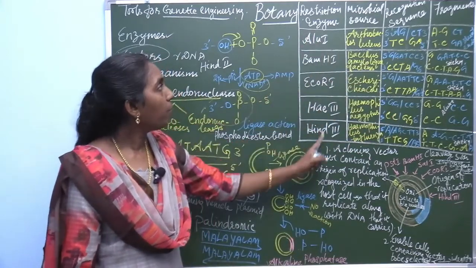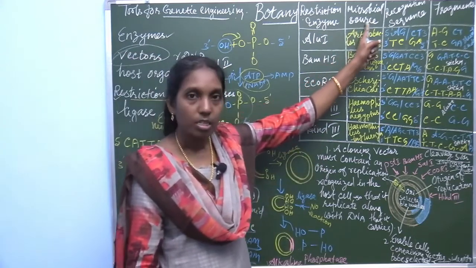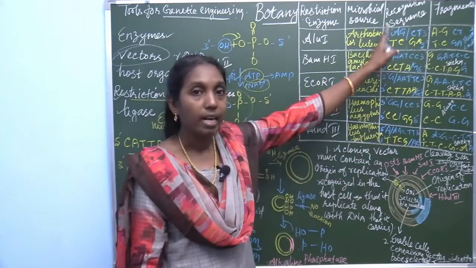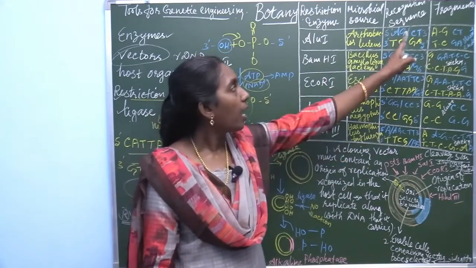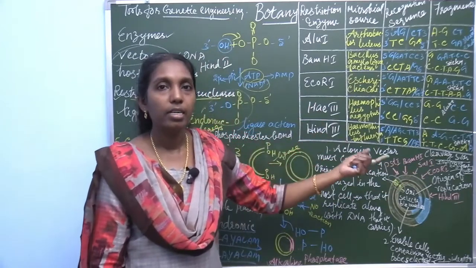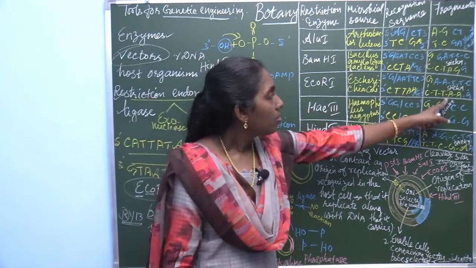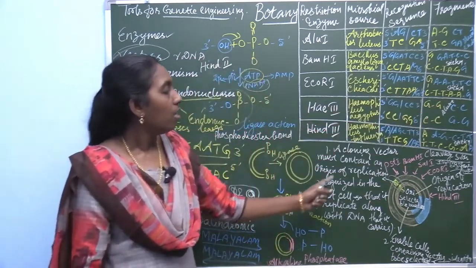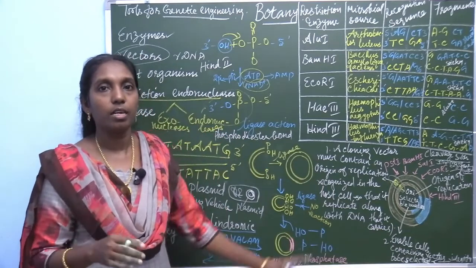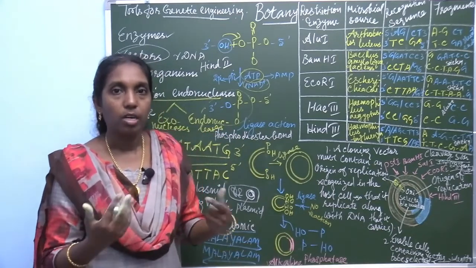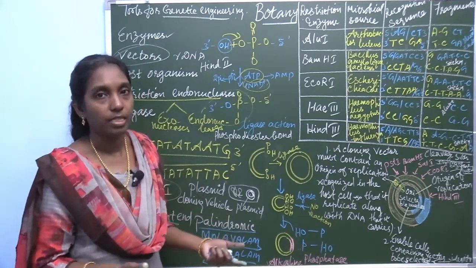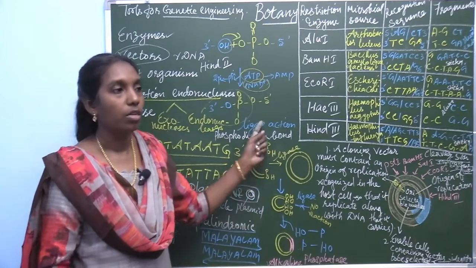Learn the type of restriction enzyme, the microbial source, the recognition sequence and the fragments, how it cuts, in blunt ends or in sticky ends. Then finally you learned the vectors. What are vectors, or define vectors. Then what are the properties of vectors and what are the features of vectors.